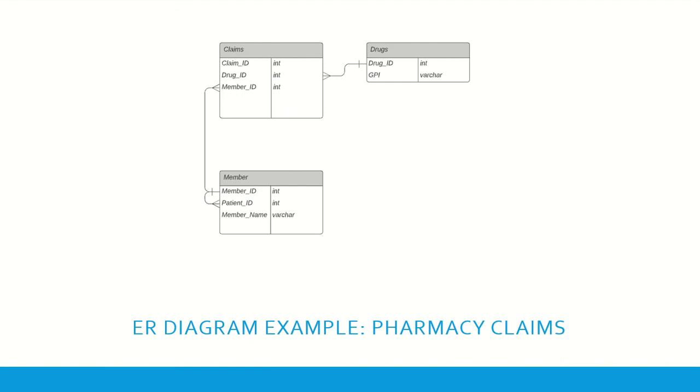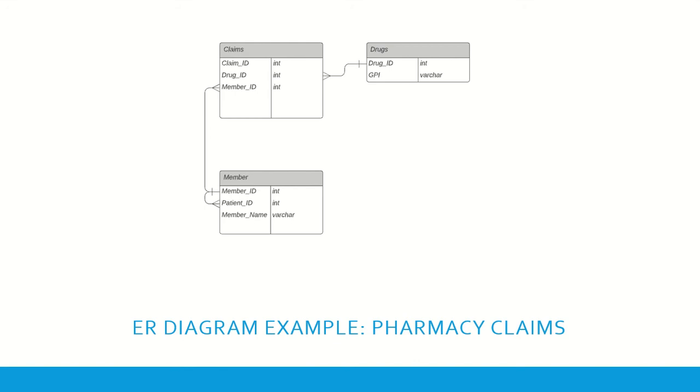As discussed previously, an ER diagram is a type of flowchart that illustrates how the entities, such as an object or concept, relate to each other within the system. I created a simple ER diagram which provides pharmacy claims, and this illustrates how these elements are working together. Lucidchart is a great online diagram software where you can create ER diagrams, flowcharts, and Gantt charts.